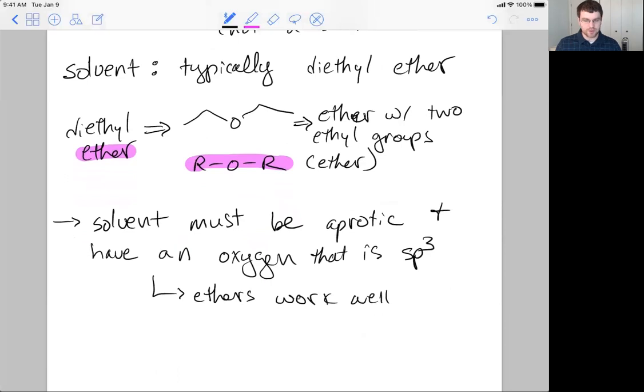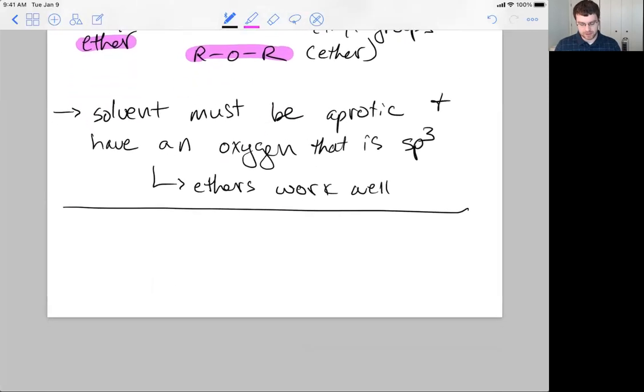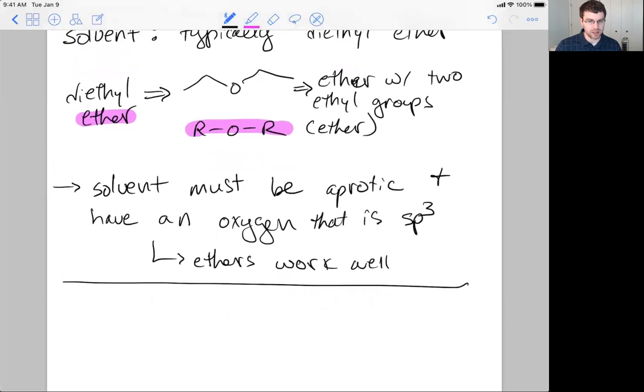So what we've done is we've kind of broken down the conditions. We looked at one example, but we're still far away from being able to predict the products and propose a mechanism. What I like to do is try to show you the mechanism before I start having you predict the products, which can be backwards in some cases, but it's just really the way to look at this.